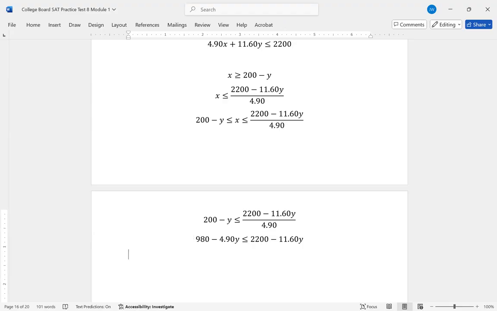And now it's a matter of solving. I'm going to subtract 980 from both sides. When I do that, the sign doesn't change. 2,200 minus 980 becomes 1,220. And then I would add 11.6Y to both sides. What that would do to the left-hand side would give me 6.7Y.